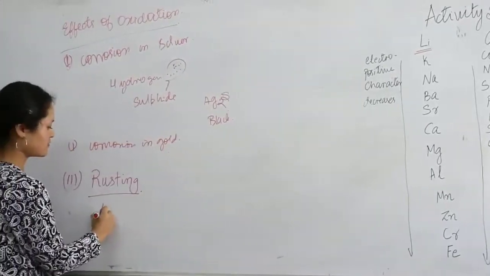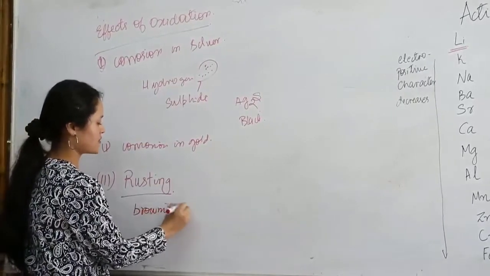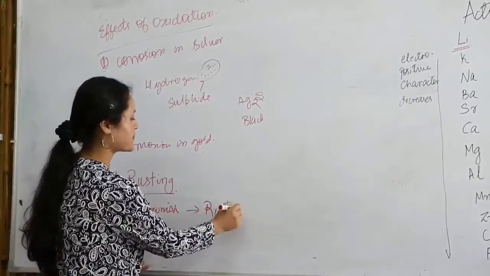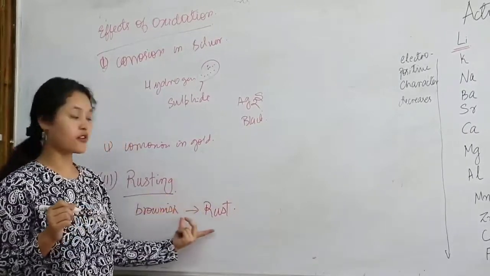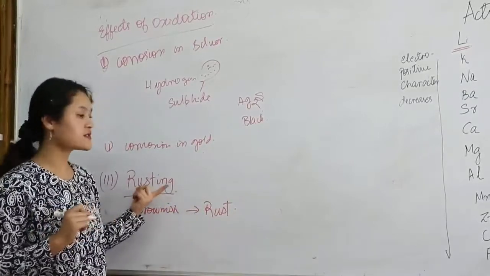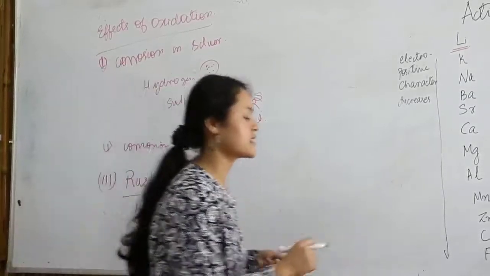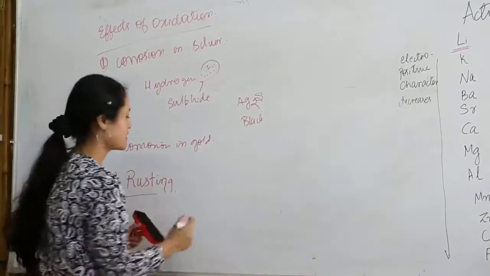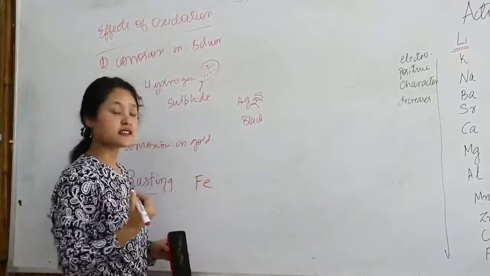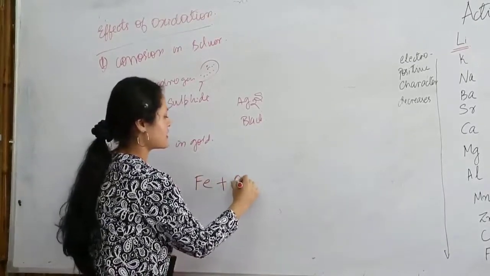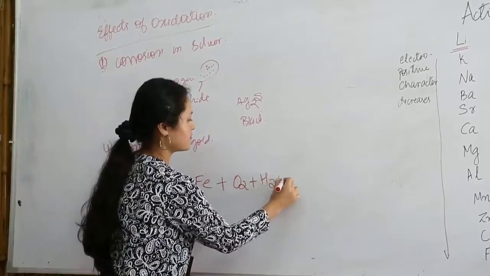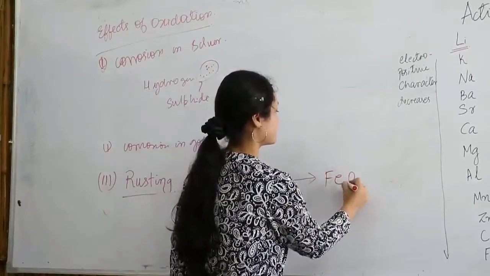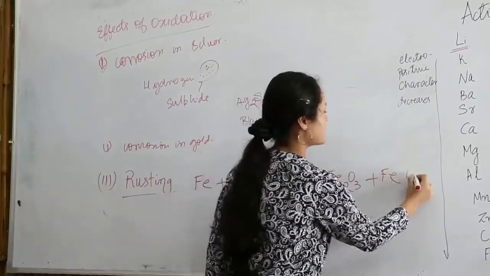That brownish color substance that forms on the surface of iron, we call rust. And the process of formation of rust, we call rusting. So how does rusting occur? When iron gets in contact with moist air, that is oxygen with water, ferric oxide and ferric hydroxide are formed.